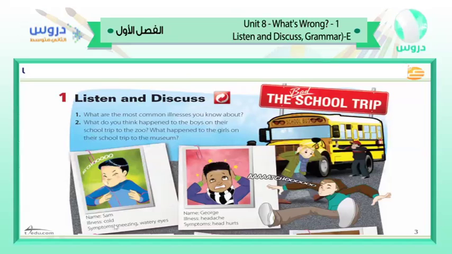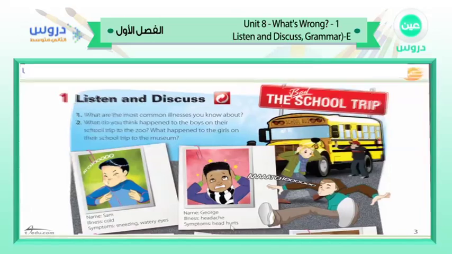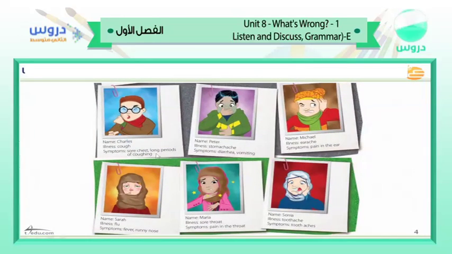A bad school trip. Sam: cold, sneezing, watery eyes. George: headache, head hurts. Charles: cough, sore chest, long periods of coughing. Peter: stomach ache, diarrhea, vomiting. Michael: earache, pain in the ear.